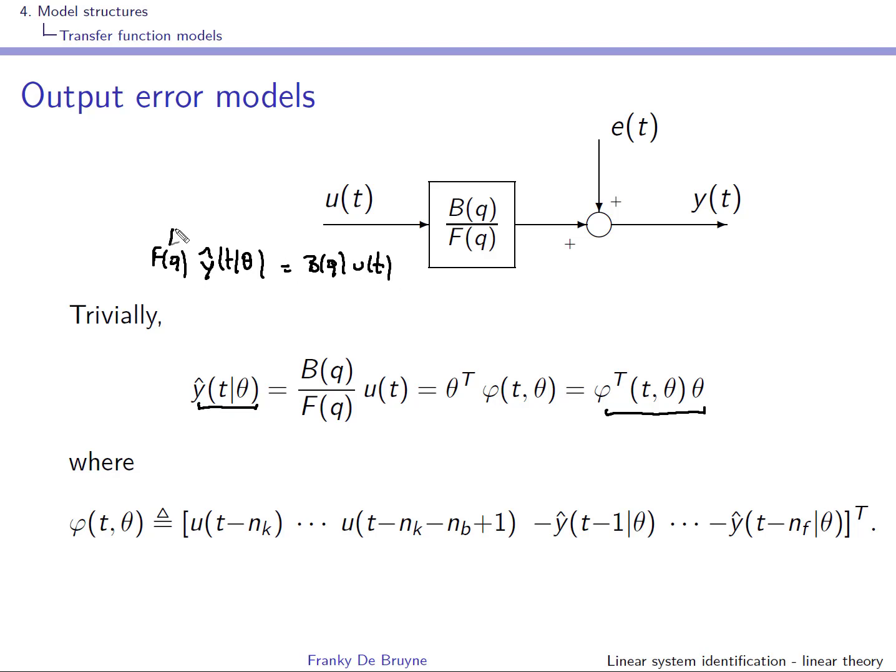So here F is 1 plus f1 q minus 1 up to f_nf q minus nf.